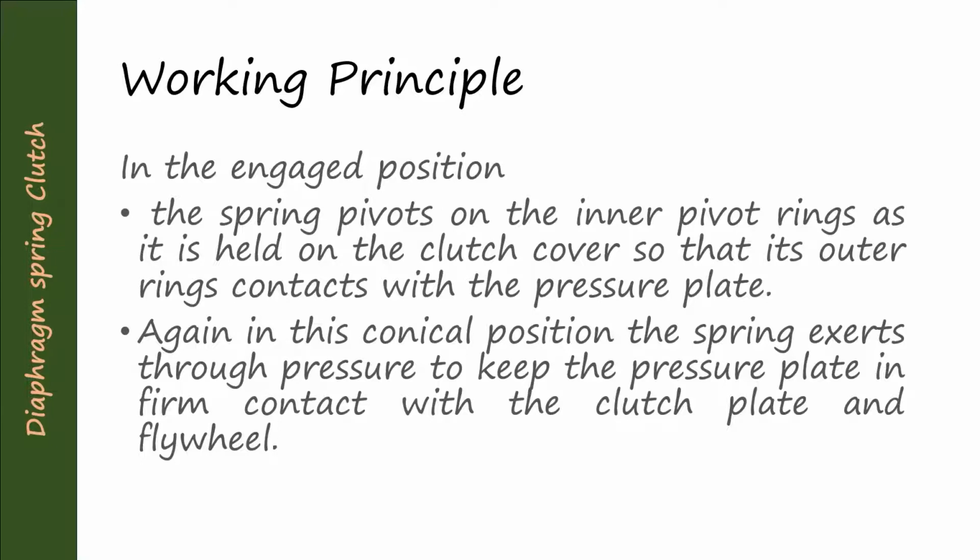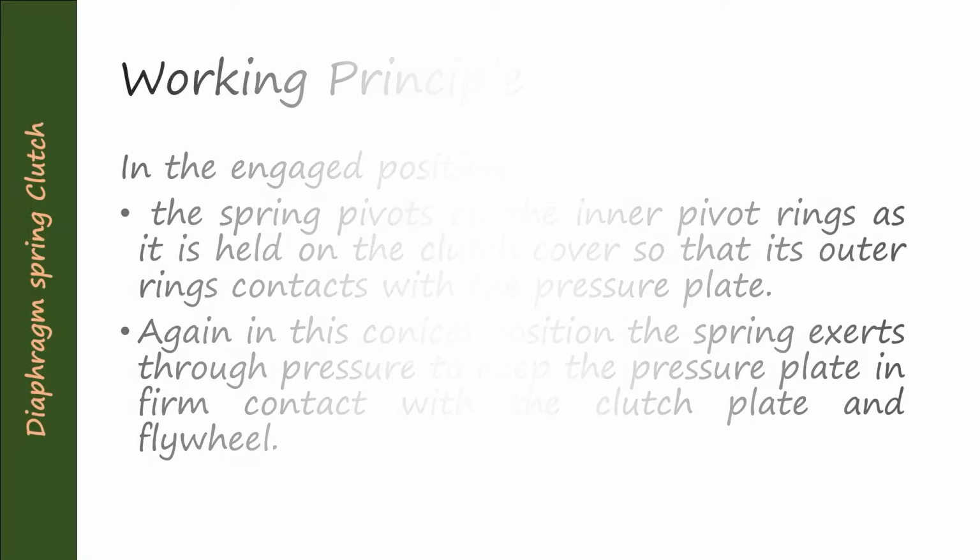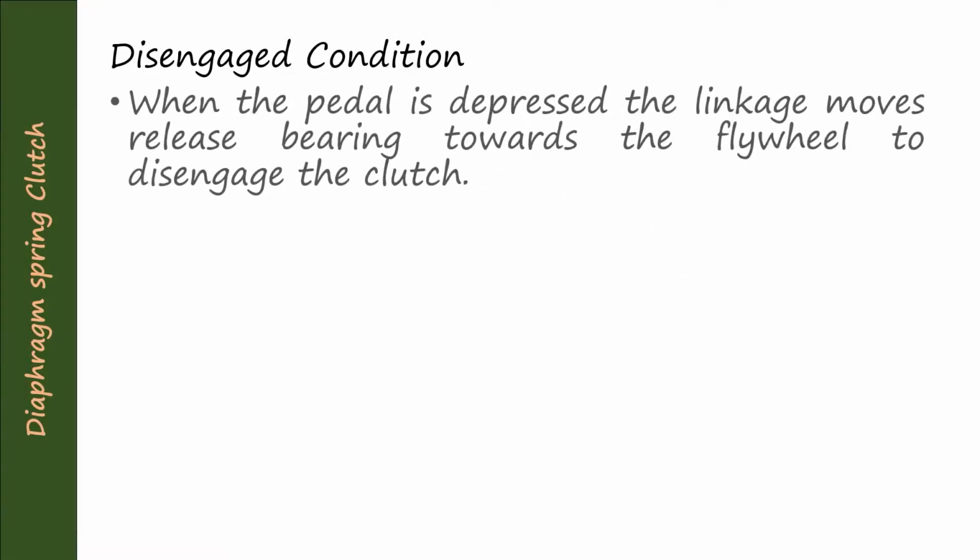Next, the disengaged condition. Previously we have seen the engaged condition, but now we are going to see the disengaged condition. When the pedal is depressed, the linkage moves the release bearing towards the flywheel to disengage the clutch.